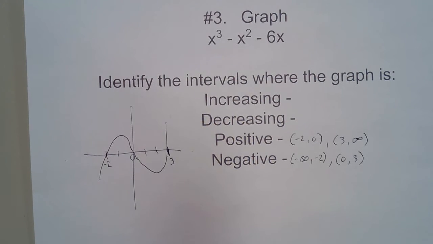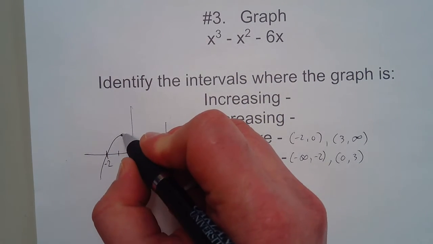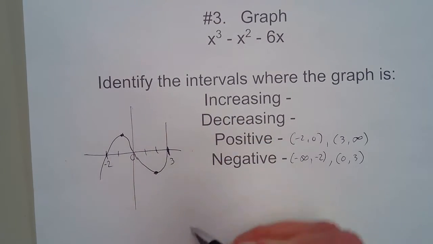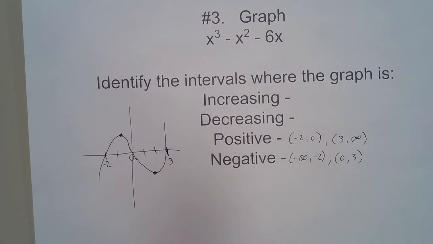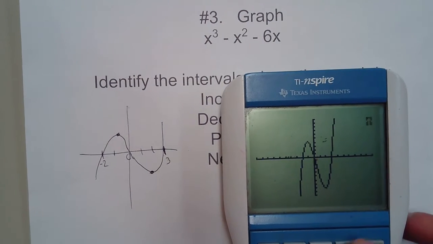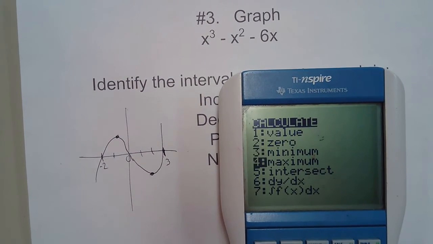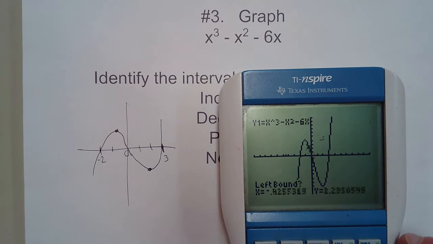And then lastly, for increasing and decreasing, you do need to know these coordinates. Now, I'm pretty sure this one's going to be at -1, and I'm pretty sure this is going to be at 1.5, but we should double check it just to make sure. So plus, this is another skill you're going to need on the test as well, which is finding your maximums and minimums. So let's find this relative maximum. So it's actually not.